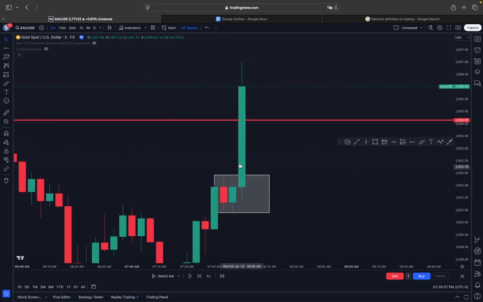Now, let's say this candle's wick was lower than both. It's okay. We'd still just bring our demand zone to this low, right here, and we would keep it pushing. That's how you would draw that demand zone.